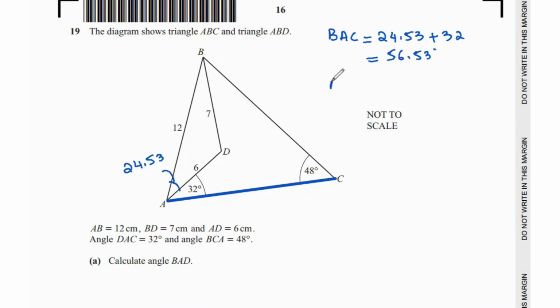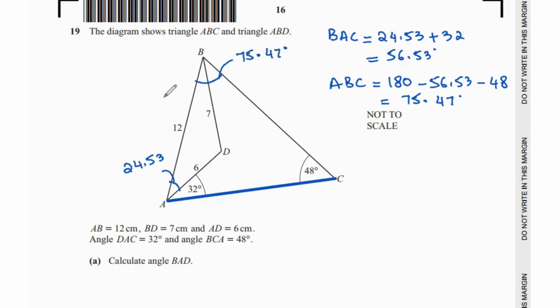So angle ABC would be 180 minus 56.53 minus 48. That gives us 75.47 degrees. So this entire angle is 75.47 degrees. We already have the length of BA. We need to find the length of AC.